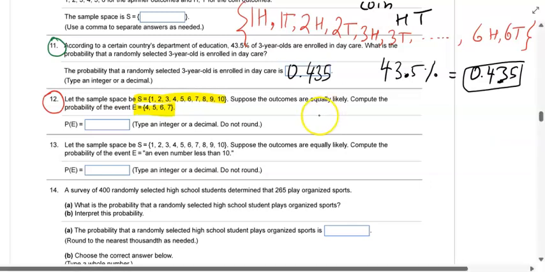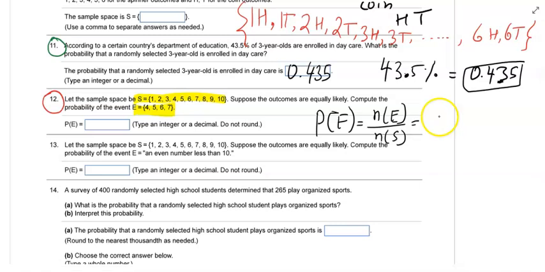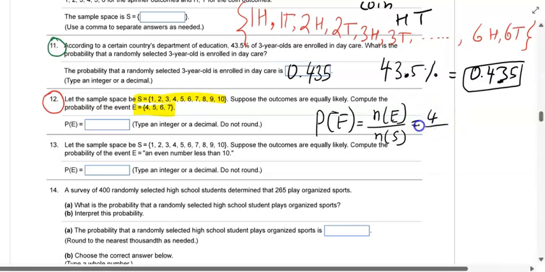The probability of the event E equals how many numbers are in event E divided by how many numbers are in the sample space. In other words, how many outcomes in the event E divided by how many outcomes in the sample space. You see that there are 1, 2, 3, 4 outcomes in event E. Therefore 4 divided by 10 outcomes in the sample space, 1, 2 up to 10, so 4 over 10.